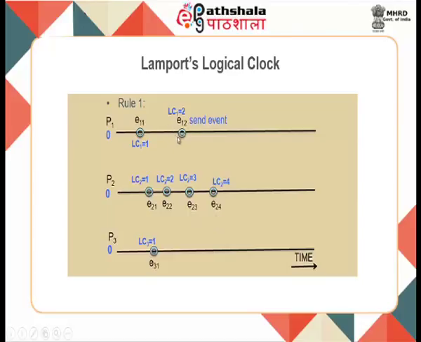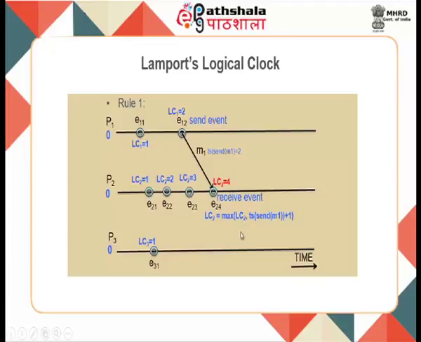Now, if LC1 has 2, this E12 is a send event and E24 is a receive event, then the LC2 value by rule 2 will change by this rule. How will it change? We have a timestamp of this send message, the send time, 2, and we have to take the new value of LC2 to be the maximum of LC2's current value and the timestamp plus 1.